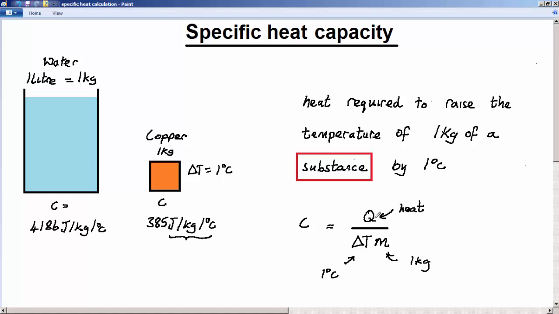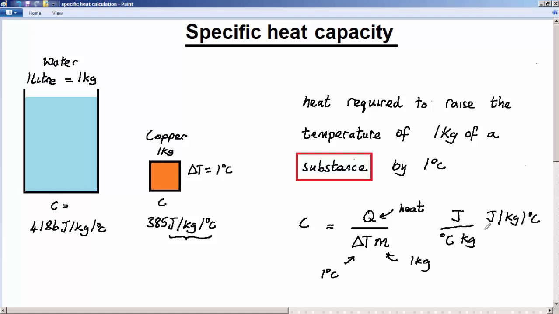We've got heat here, that's joules, divided by M, that's kilograms, divided by delta T, that's a change in temperature, so that's degrees Celsius. So that can also be written as joules per kilogram per degree Celsius.